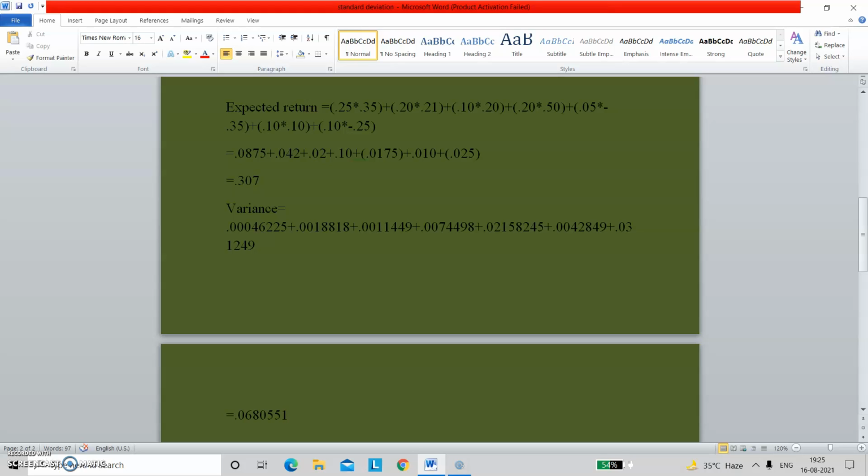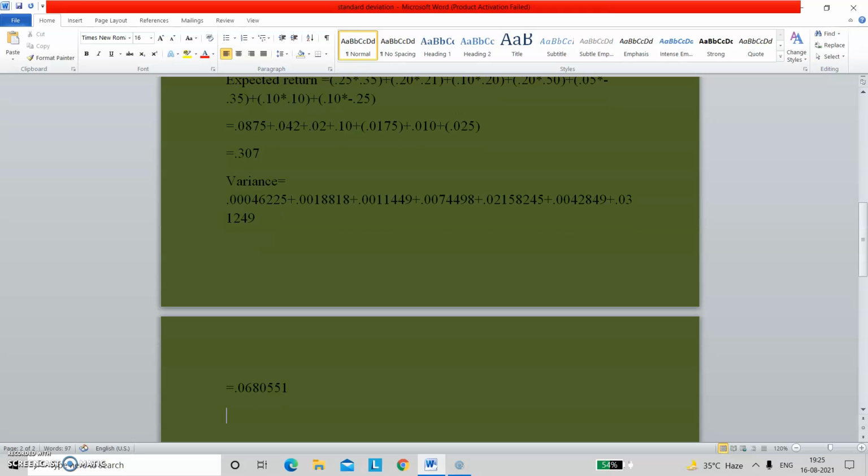The variance for this is 0.0680551. In case you want it in percentage, we multiply it by 100, right? And if you don't want to do this, you can leave it here. So this is your variance, right?